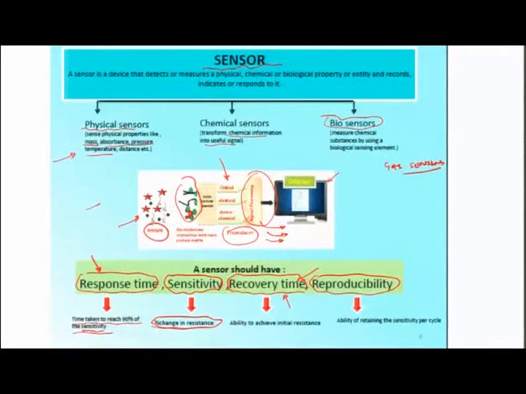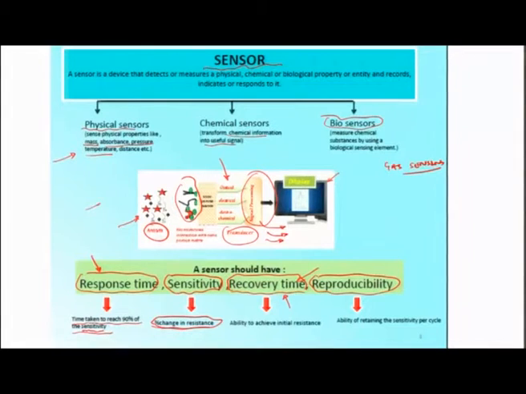We want to find out, from zero concentration to the maximum ppm level the gas is supposed to be, what is the percentage change in the electrical property of the sensing or transduction element, which leads to the enhanced sensitivity. So what is the minimum percentage change that is detectable? That is what the idea is.